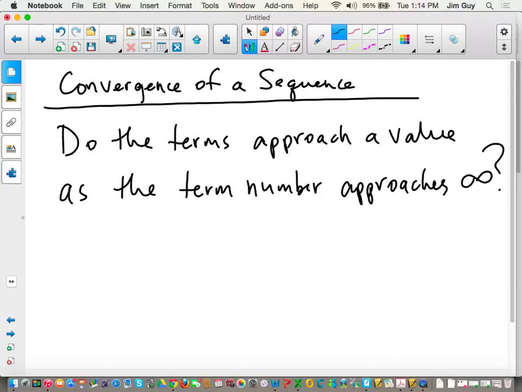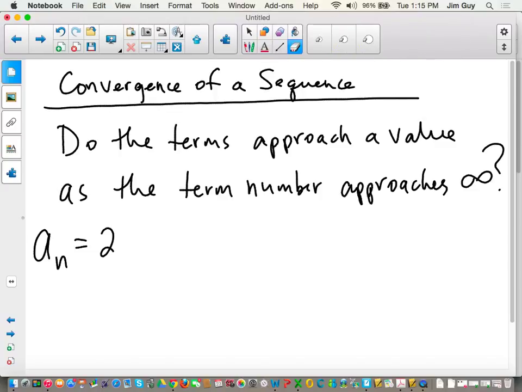For example, the one we've been dealing with: a sub n is just what we would often use to represent the formula that's generating the terms. So let's say a sub n is 2n minus 1. That little formula generates the odd numbers.